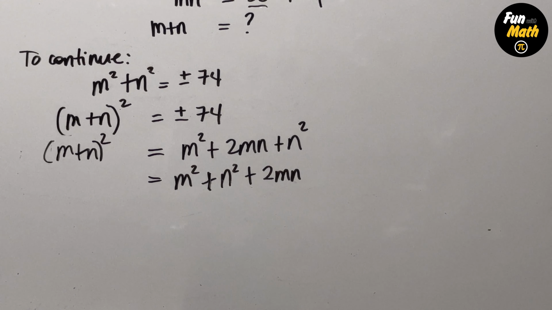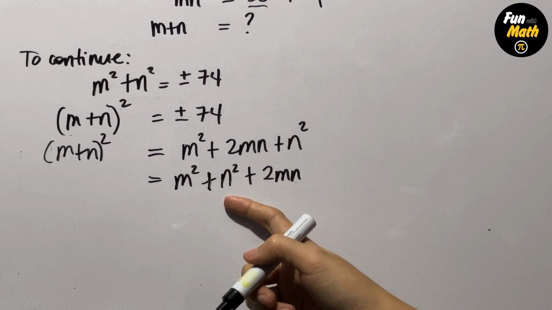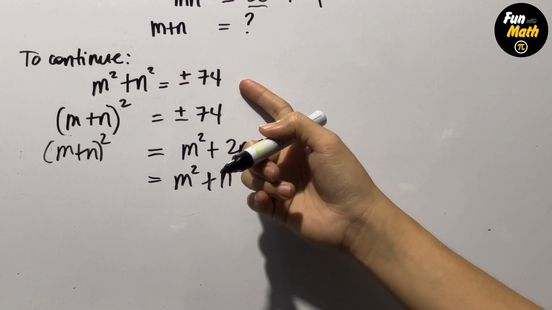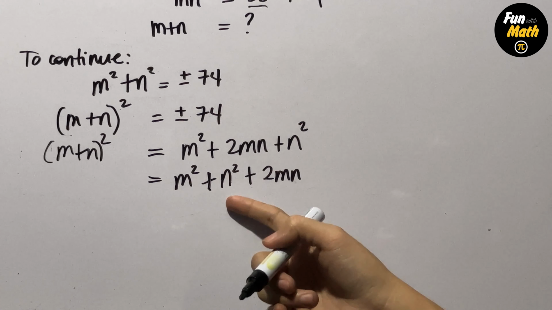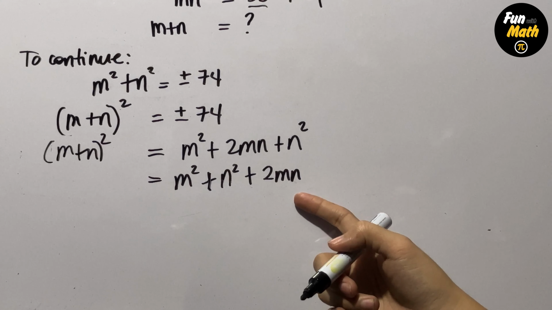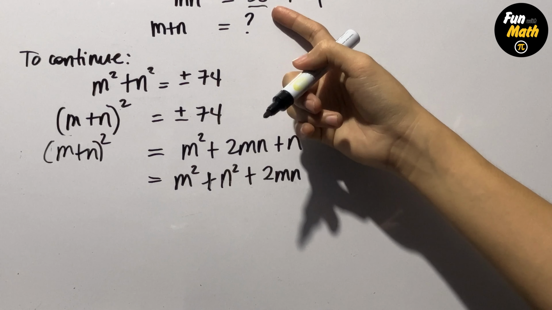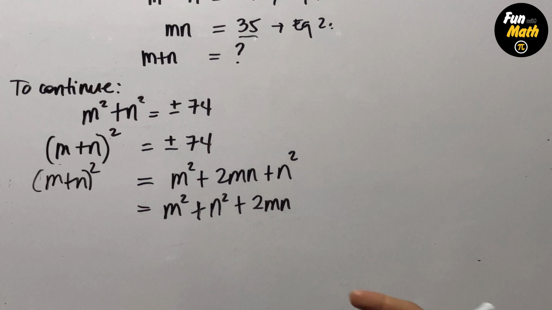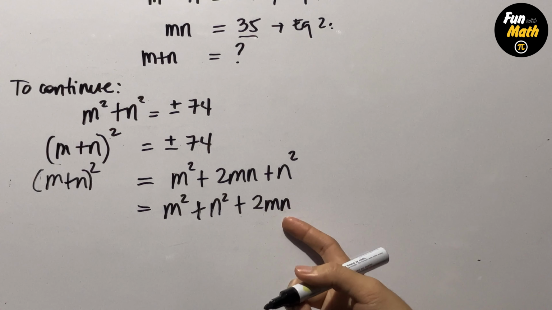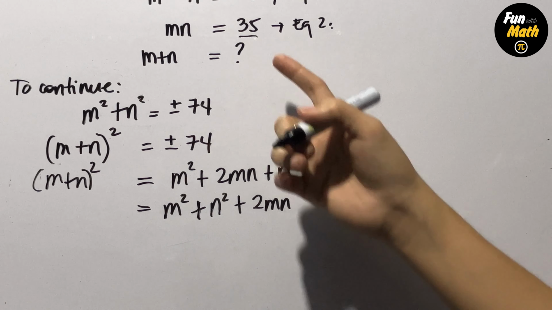We have the value for m squared plus n squared, which is positive negative 74, and we can substitute this here. And for mn, we have the value which is equal to 35, and we can substitute this here.